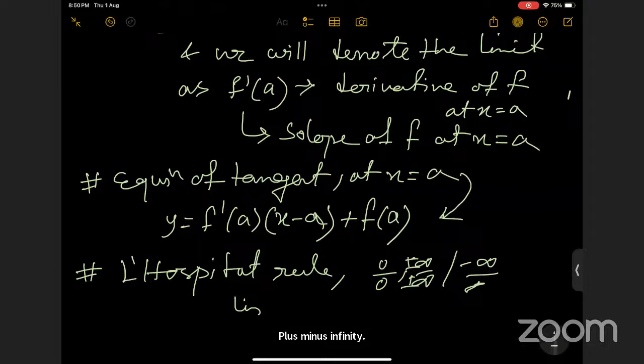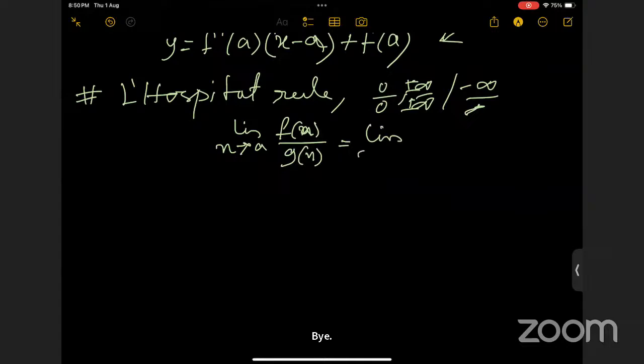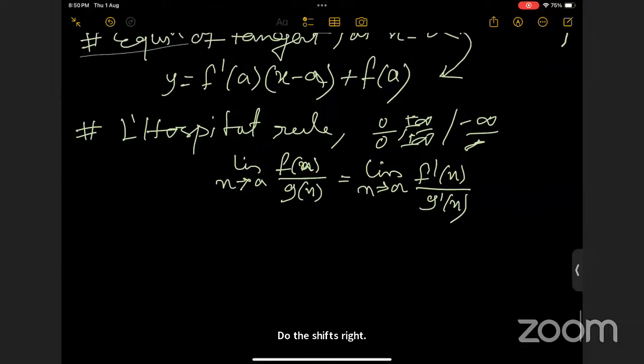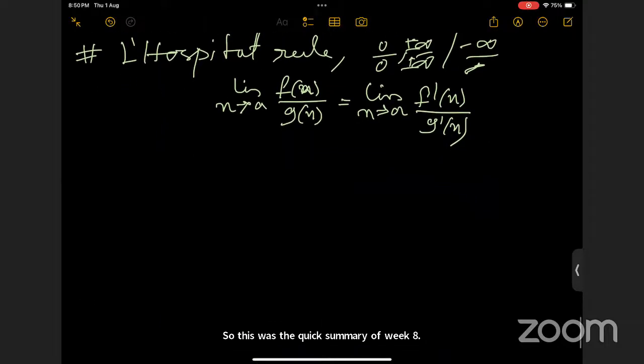What L'Hospital rule says is that the limit as x extends to a of f of x by g of x equals the limit as x extends to a of f dash x by g dash x, right? So this was the quick summary of week 8. This we already know, right? So based on this, we will solve some problems.